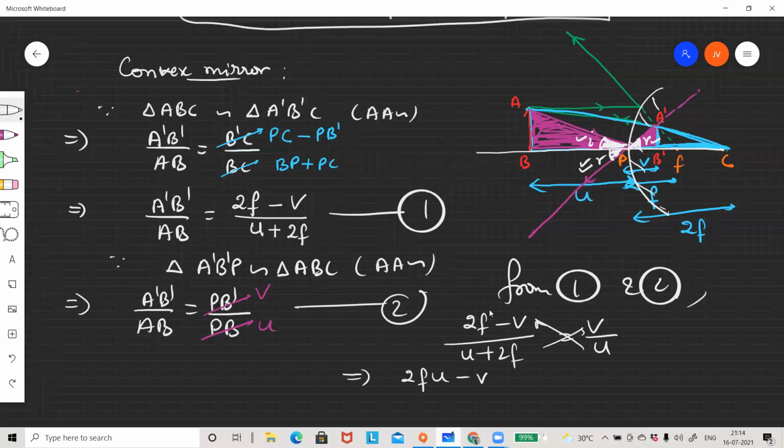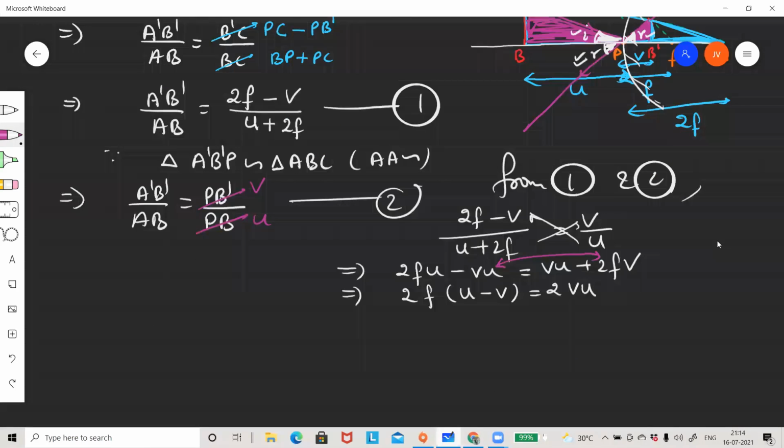2FU minus VU is VU plus 2FV. Okay, put the like terms together. 2F, I can write U minus V, and the UV on the left side goes to the other side, giving 2UV. What did I transpose? I'll tell you. I have exchanged these two.